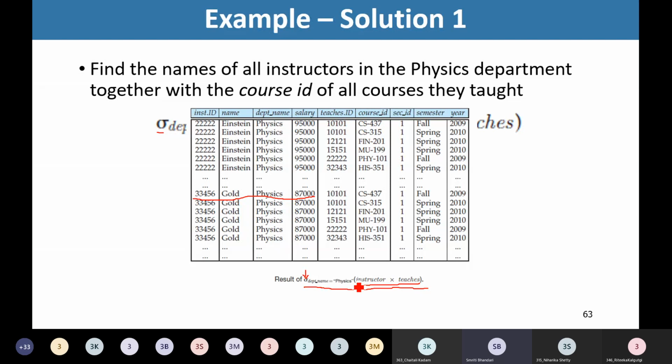So it takes two operands, instructor and teachers, and provides a single relation, say R, as the output. So this select operation is unary, which is operating upon this R. That is the outcome of this cross product, right? Single relation, which is the outcome of this instructor cross teachers, right?